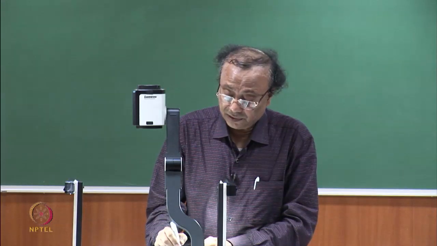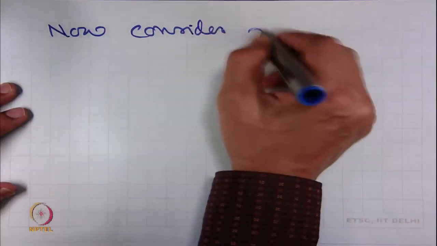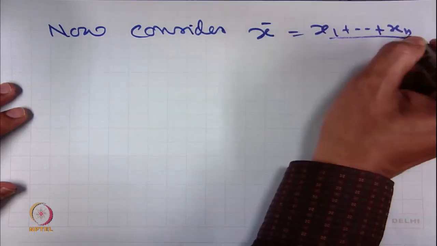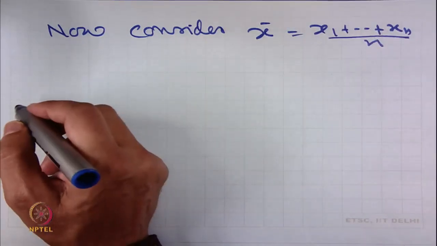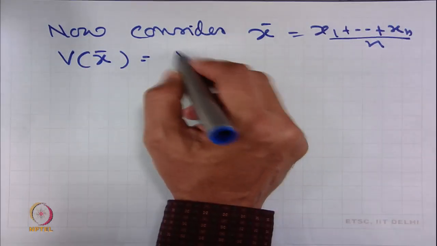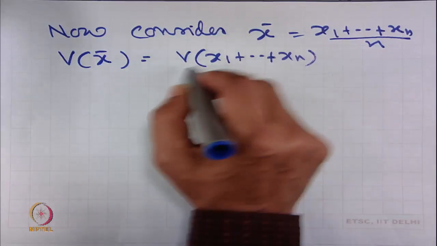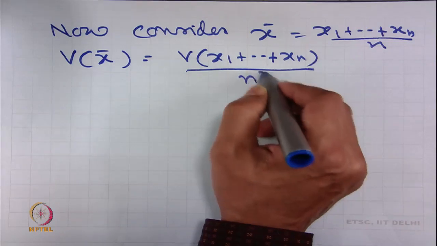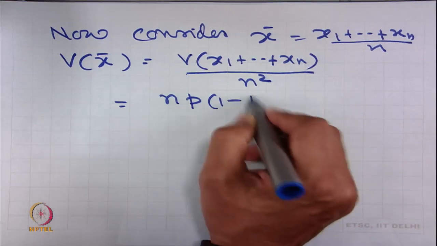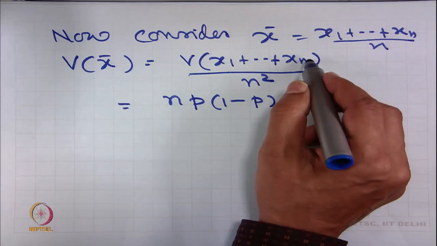Now, let us consider x bar is equal to x 1 plus x 2 plus up to x n by n. Now, variance of x bar is equal to variance of x 1 plus x 2 plus up to x n divided by n square. This we know because x 1 plus x 2 up to x n is a binomial distribution.